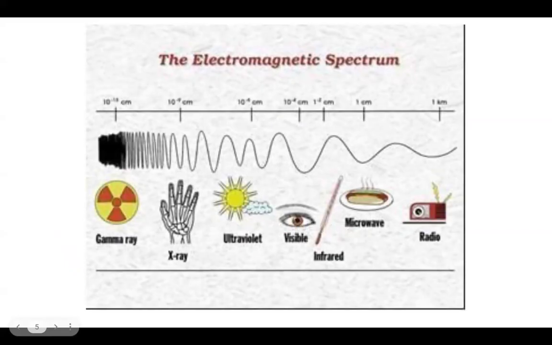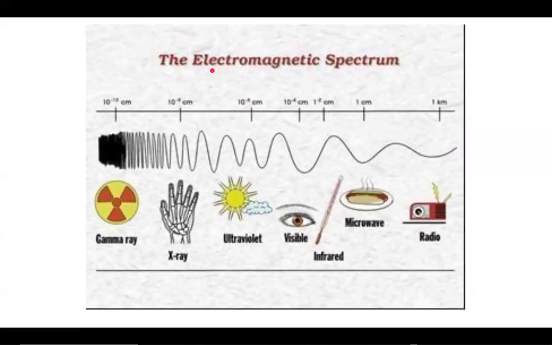All right. Here is a picture of the electromagnetic spectrum, right? It is electrical and magnetic. The two cannot be separated ever, not on this planet or in this galaxy.